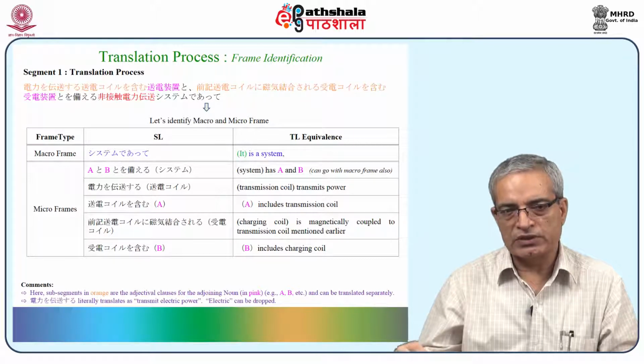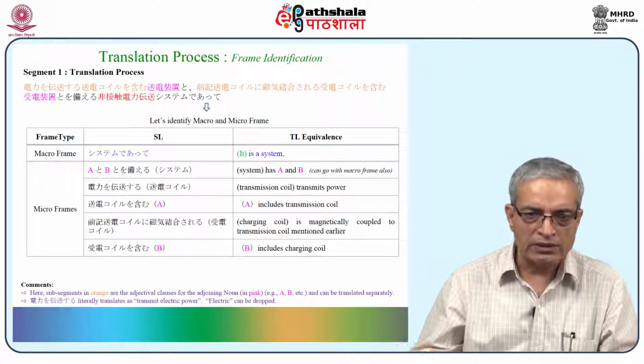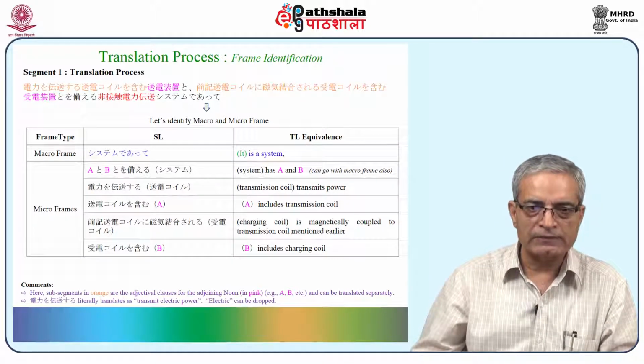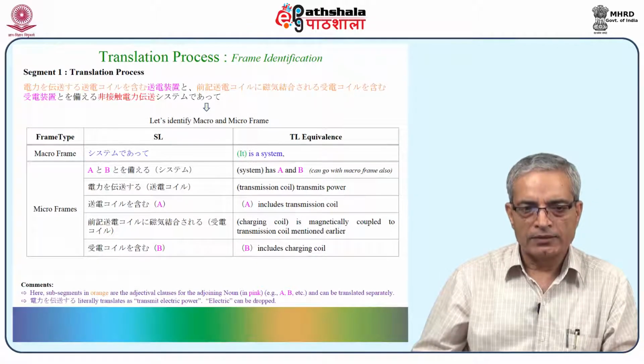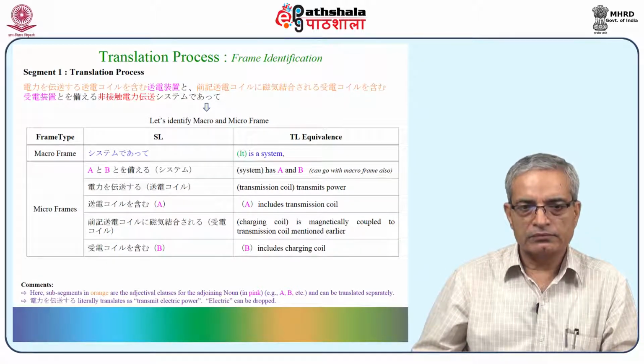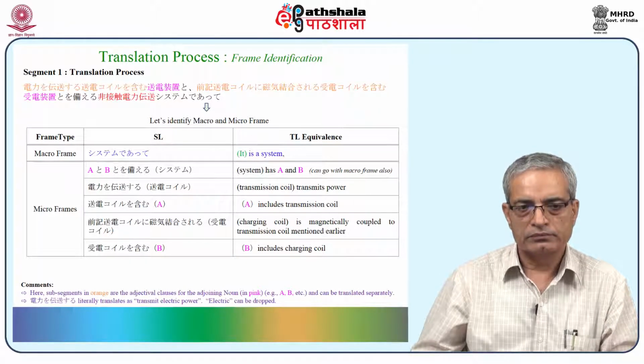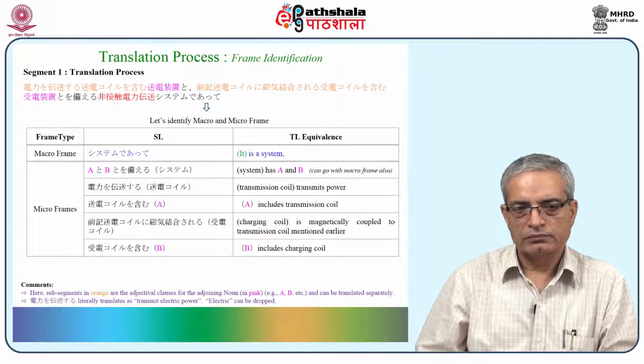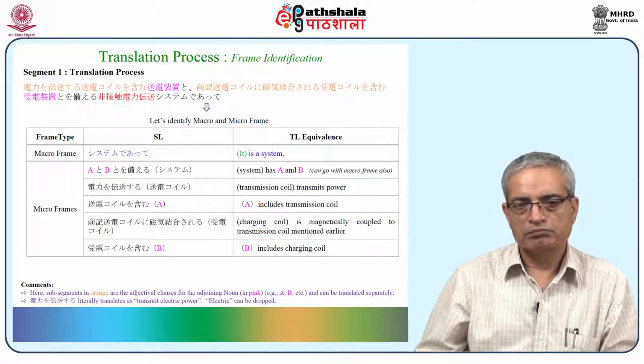So let's try to see, can we do something about it? See again, Surabhi, can you read the comments? Here, sub-segments in orange are the adjectival clauses for the adjoining noun in pink, example A, B, etc., and can be translated separately. Denryoku o denso suru literally translates as transmit electric power.